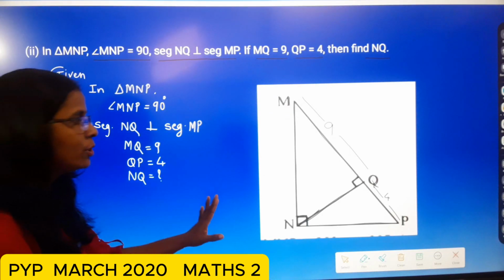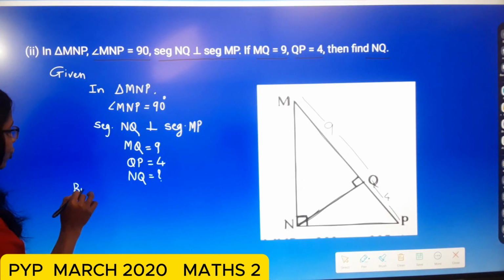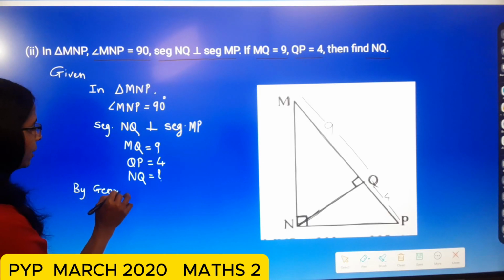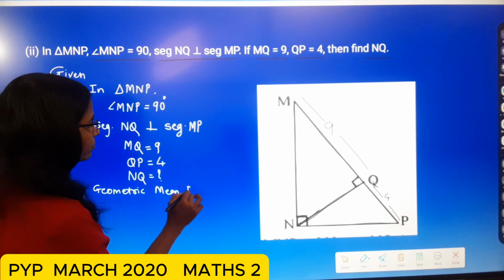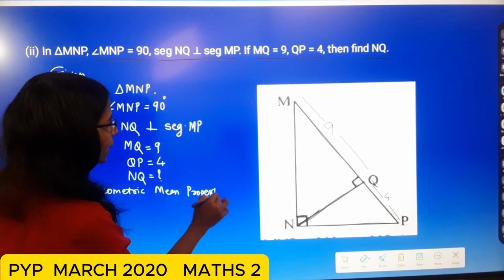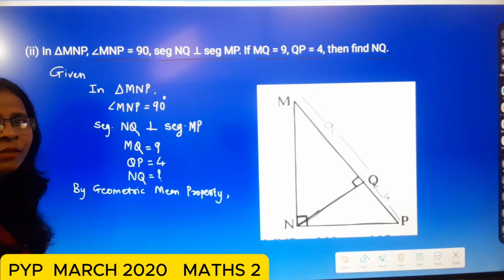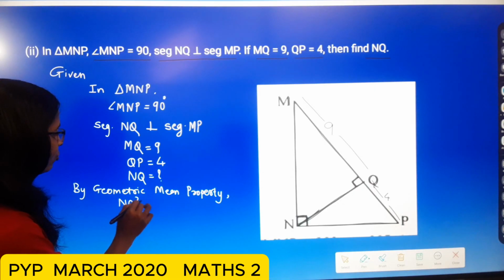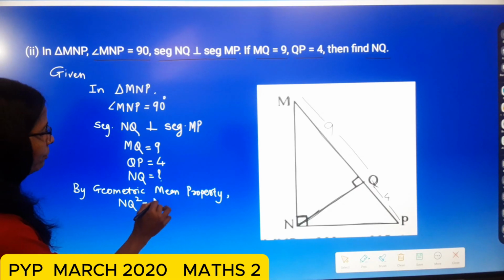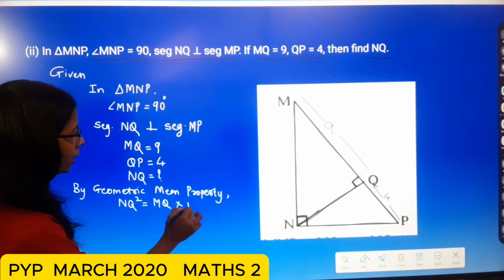So now here, students, we write that by geometric mean property. By geometric mean property, what it says is that NQ square is equal to NQ multiplied by PQ.